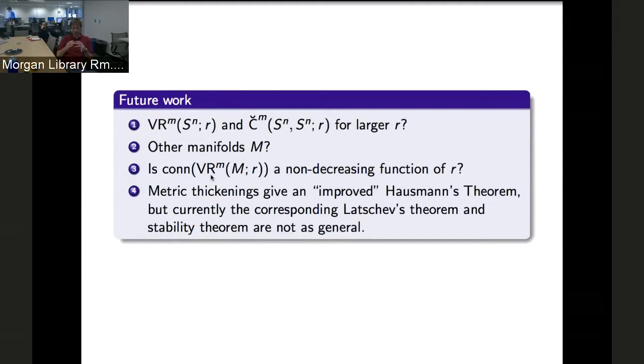As the scale parameter increased, the homotopy groups at higher and higher levels vanished. Right? So first, the fundamental group wasn't trivial, but as we increased the scale parameter, the fundamental group became trivial. So did pi 2, pi 3, pi 4, etc. So is that true for Vietoris-Rips complexes? That's unknown. It's also unknown if it's true for metric thickenings.